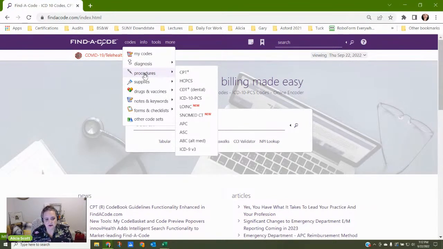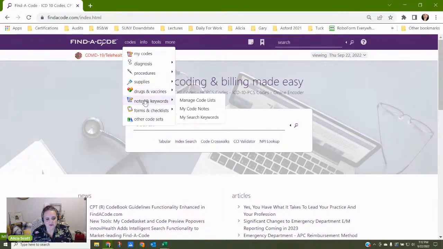Supplies, HCPCS, drugs and vaccines. If I need information on that, it's at my fingertips.